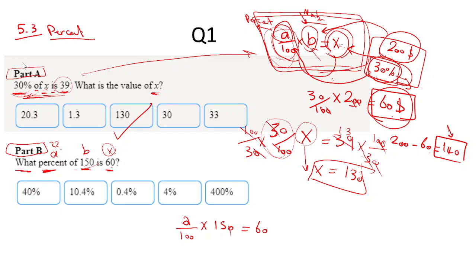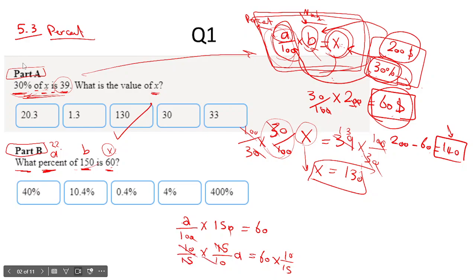Okay, let's simplify it. Then the remaining will be 15 over 10 A equals 60. I need A, so I have to multiply this side by 10 over 15 and the other side also by 10 over 15. This one will go with this one. So that means A will be 60 times 10 over 15, so by 5 will be 12, by 5 will be 3, by 3 will be 1, by 3 will be 4.